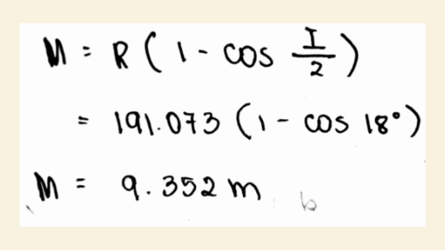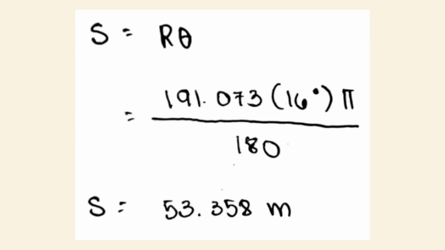For B, M is now R times 1 minus cosine I over 2 equals 191.073 times 1 minus cosine 18 degrees. Thus, our M is 9.352 meters. Next, for C, our S is equal to R I pi over 180 degrees equals 191.073 multiplied by 16 degrees pi over 180 degrees.